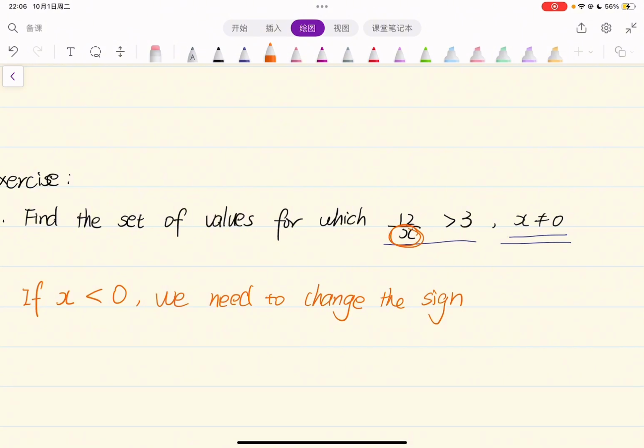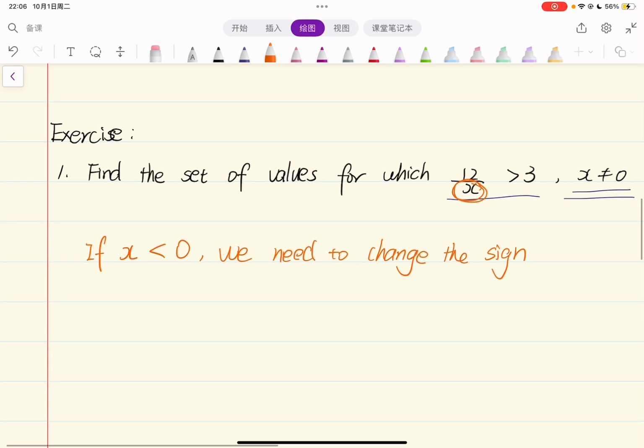So what we can do is multiply x squared on both sides.